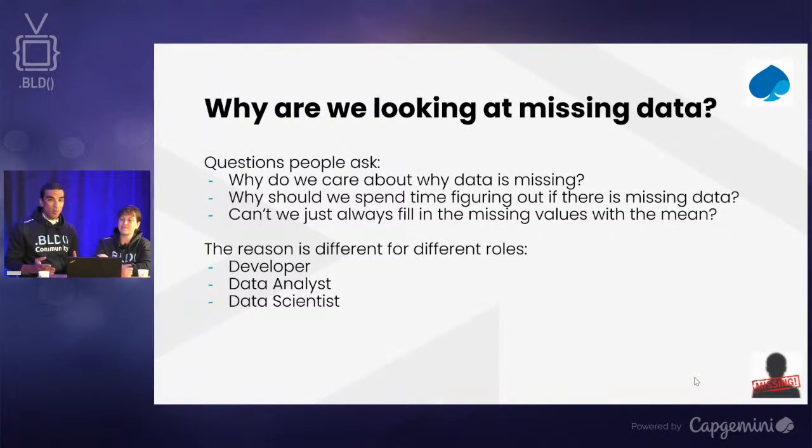Right. When we go for the why part, we have many whys that we could consider, and reasons to spend some time looking at the missing values in our data sets, depending on the roles that we play in the team. For example, if you are a developer and you want to make sure that your code will run fine and smooth, you probably need to have all the values that you are considering in your code.